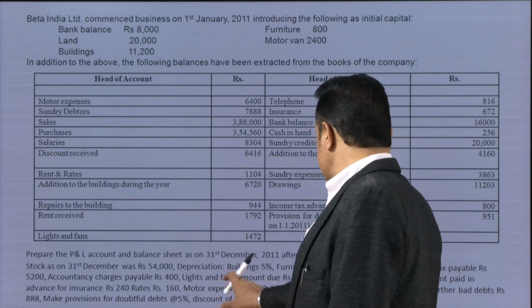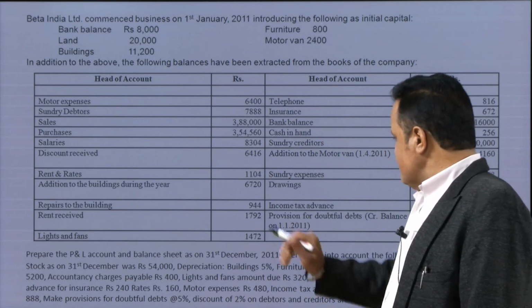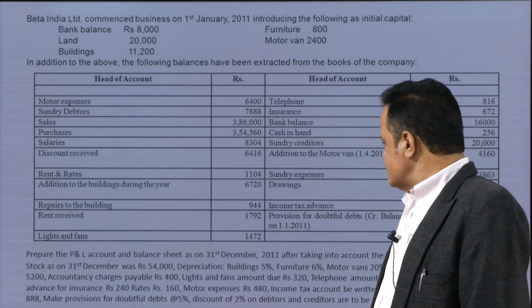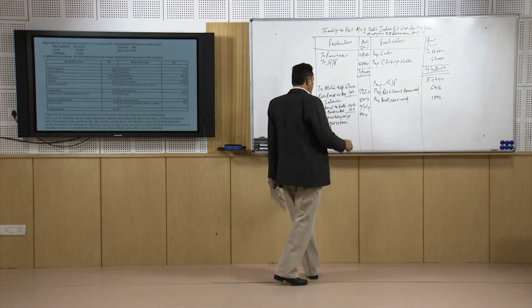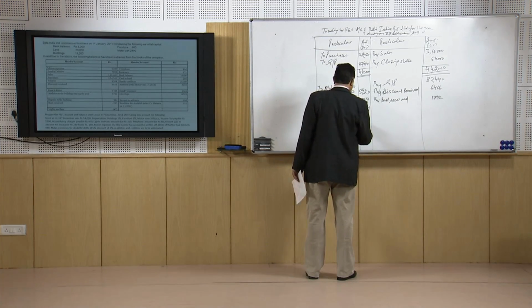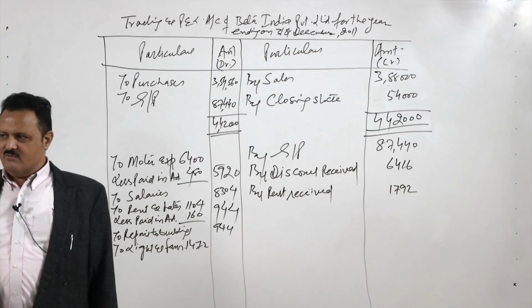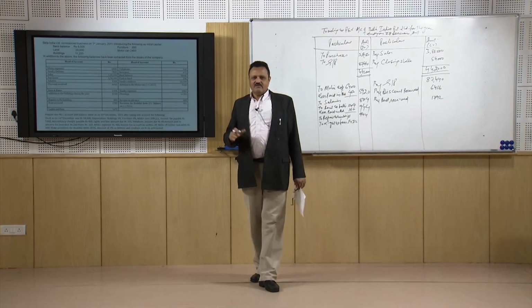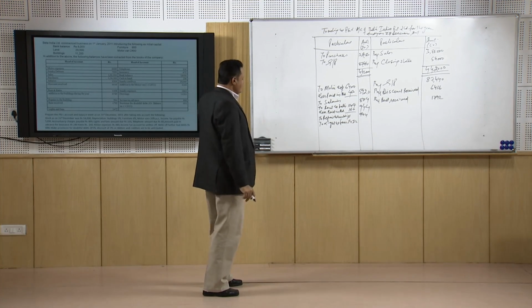Yes, light and fans, amount due is 320. It means we have already paid 1472, that is 1472. Put it in the inner column. If some adjustment has to be done, we have to put the items in the inner column first, and then final balance has to be taken only in the outer column after adjusting the additional information.